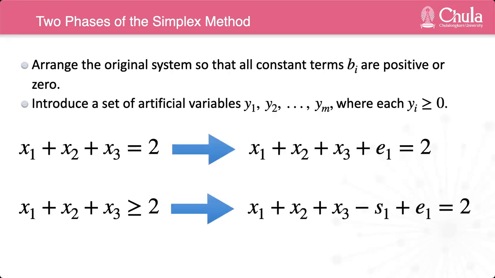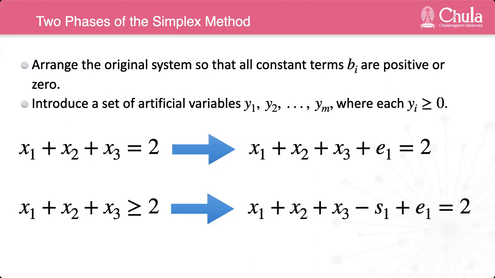So what does that mean? You see that our W is the sum of artificial variables, right? And artificial variables we use to handle equality constraints and these greater or equal constraints.